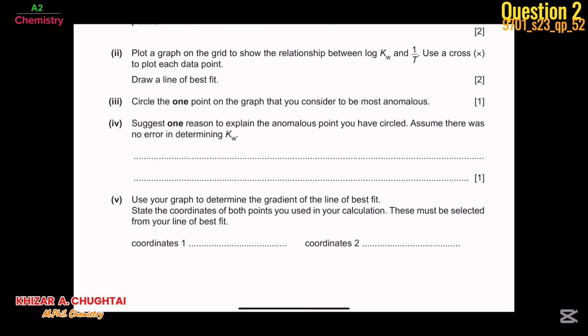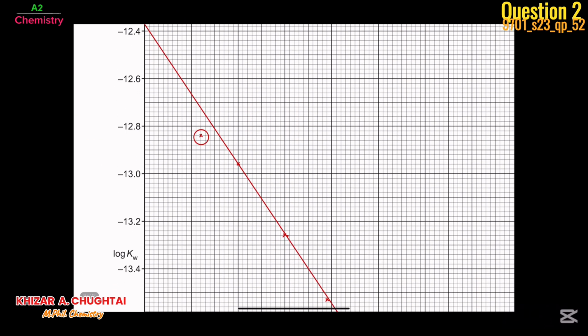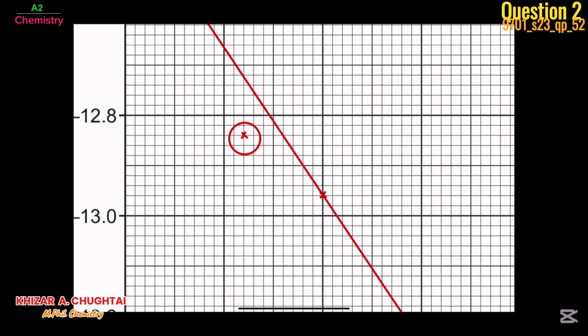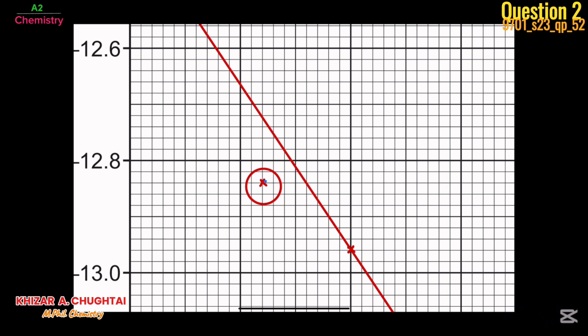Part 4. Suggest one reason to explain the anomalous point you have circled. Assume that there was no error in determining the Kw. Here you can see that this is the anomalous point, and if it is on the line, then it may be at this position, or it might be at this position.